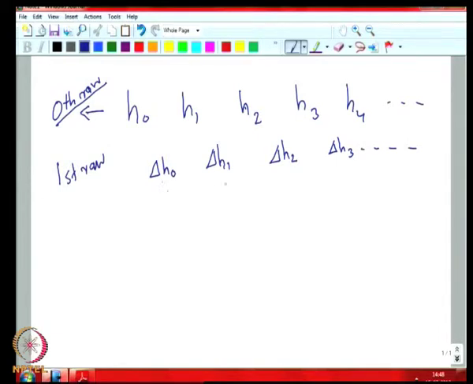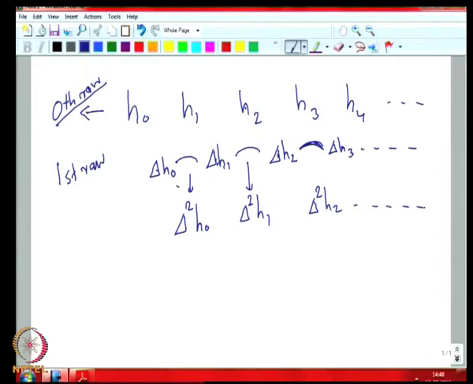Now, if I take the difference between delta of H1 and delta of H0, delta H1 minus delta H0 is delta square H0, and this is delta square H1, this is delta square H2. Similarly, this minus this, this minus this, like that.